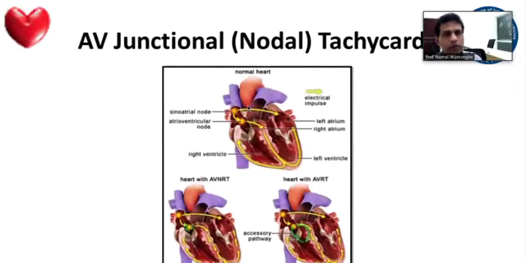But sometimes, if there is an ectopic cause, there can be generation of a circuit. That means the impulses that come from the slow pathway come a little late and go up again in the fast pathway when the other impulses also come in the same way. And it forms a circuit and makes the heart go fast.